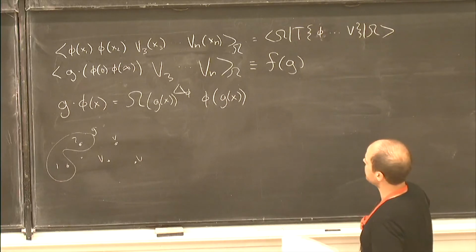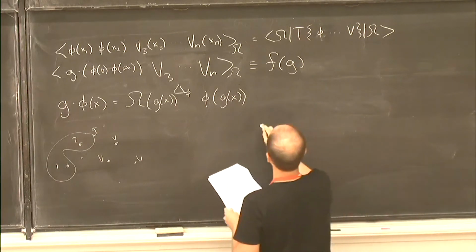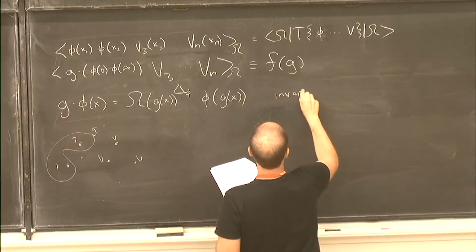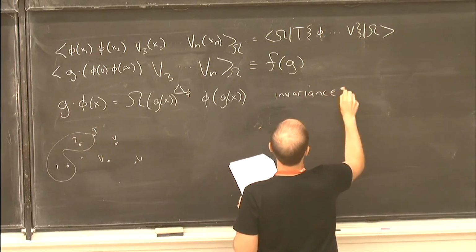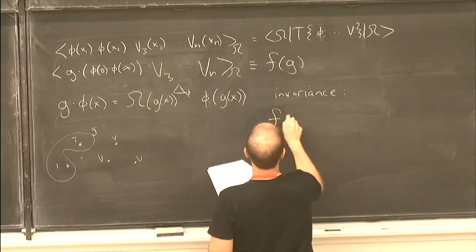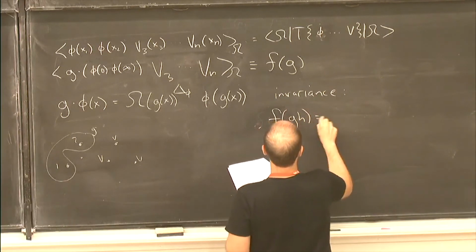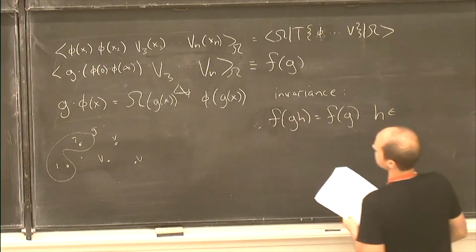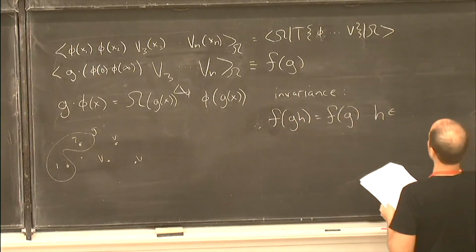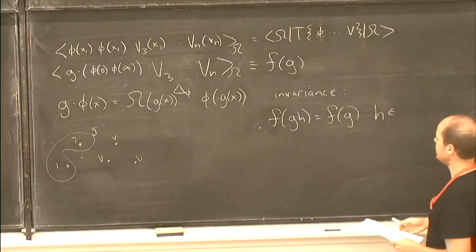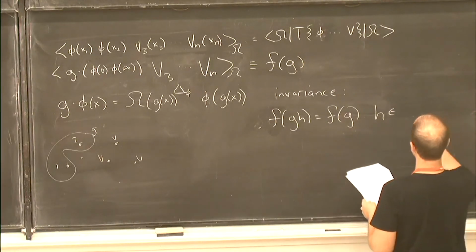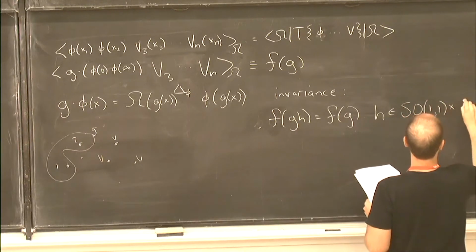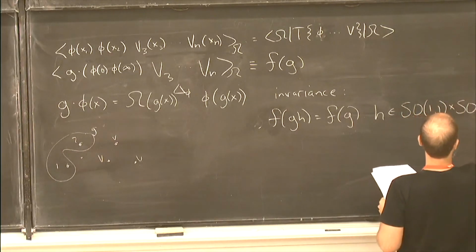The invariance condition is that f of gh is equal to f of g for h in the stabilizer group of these two points, 0 and infinity. And thankfully, Peter saved me several minutes of lecture here by describing the stabilizer group. So the stabilizer group is SO(1,1) cross SO(d).